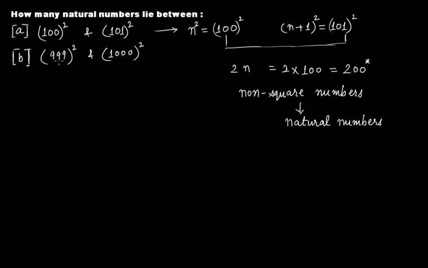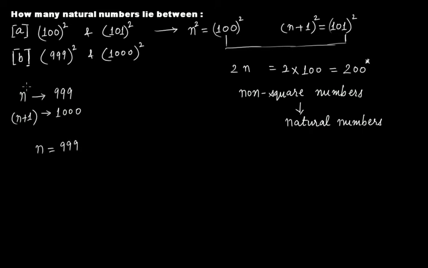Same thing here. This is 999 squared and 1000 squared. This is 999, that is n, and this is 1000, which means this is n plus 1. So what's the value of n? n is 999.